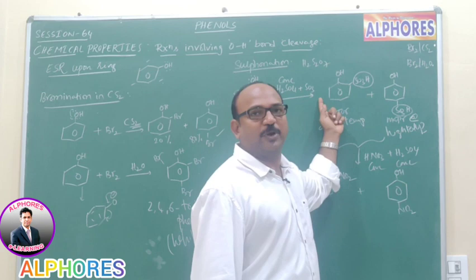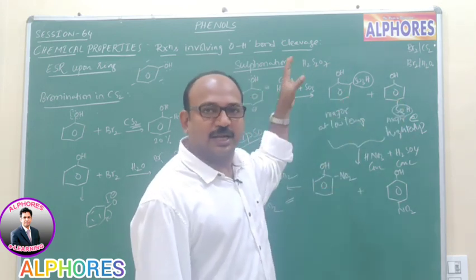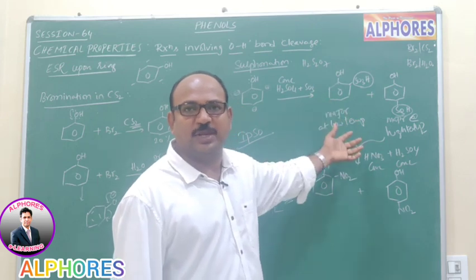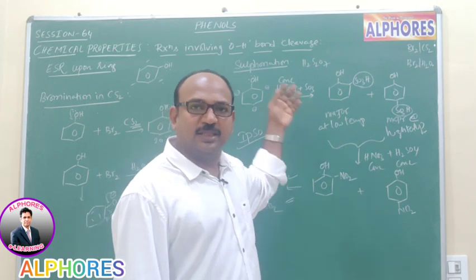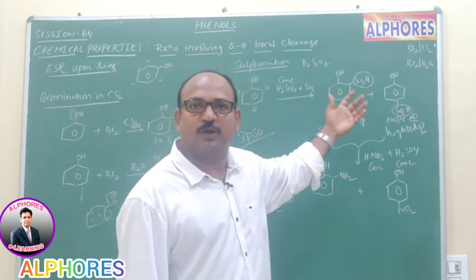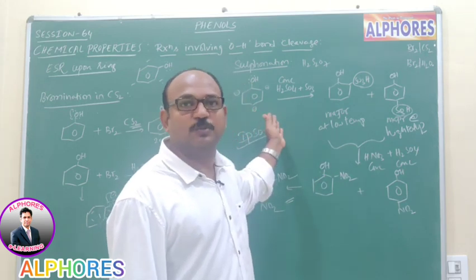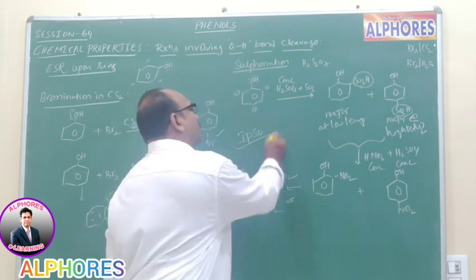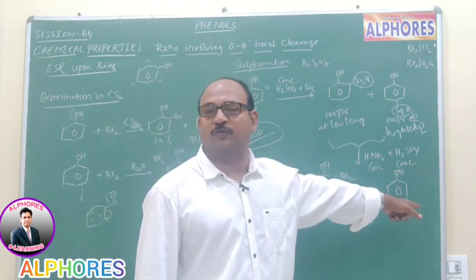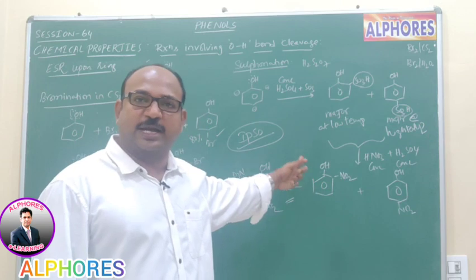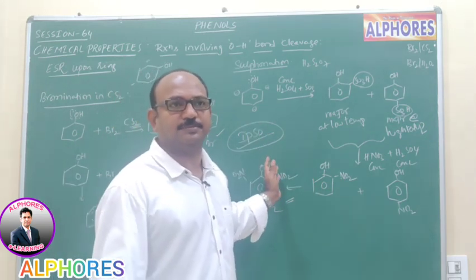Upon further nitration, the SO3H group can be easily displaced. Not only SO3H, COOH groups can also be easily displaced. The displacement of bulky electron-withdrawing groups by NO2 is what we call ipso substitution. Then we get 2-nitrophenol and 4-nitrophenol, which upon further nitration give 2,4,6-trinitrophenol. That is what we call picric acid.